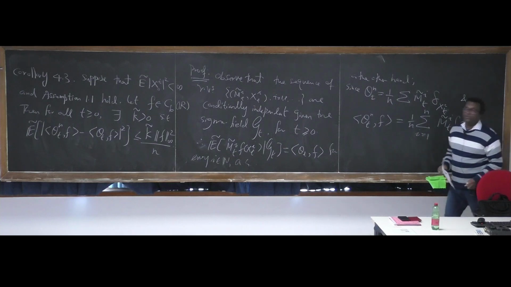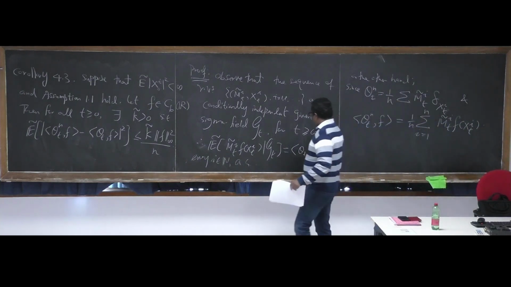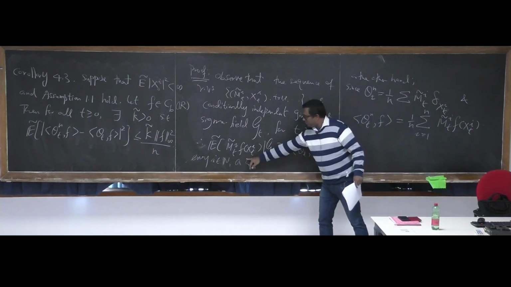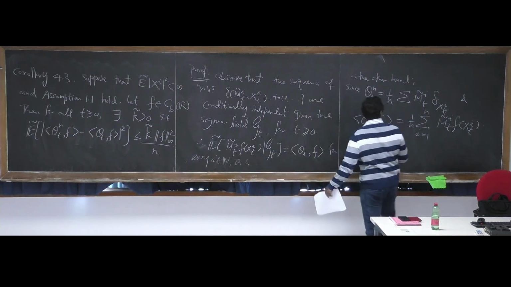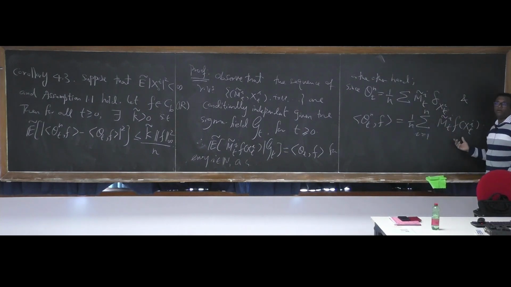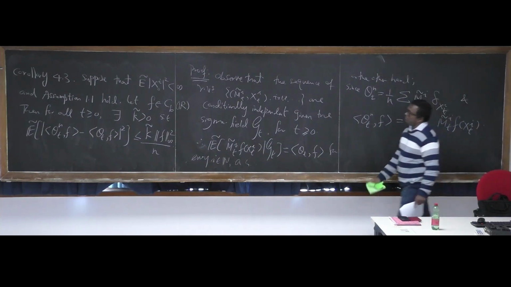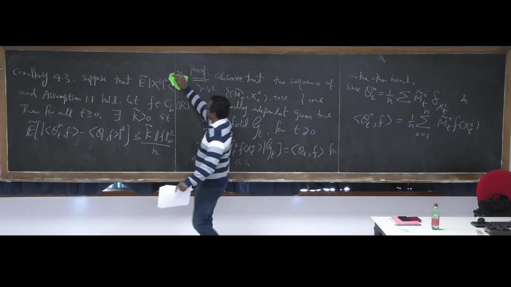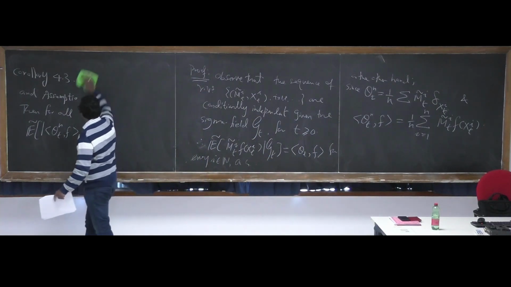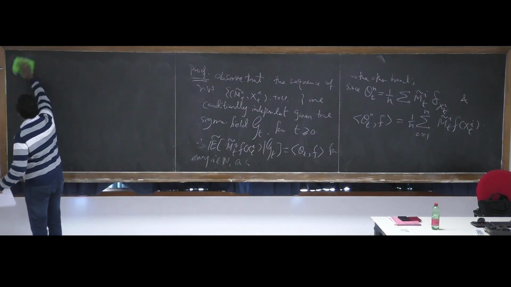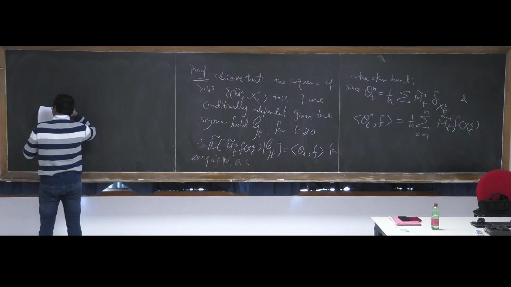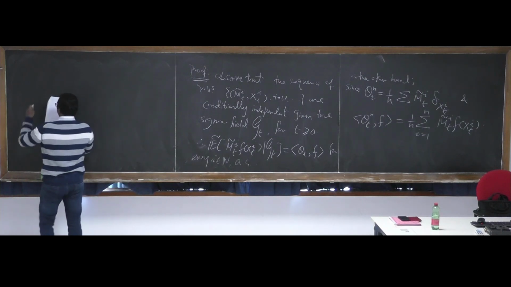Right. So we have this. This duality pairing is this conditional expectation, and this duality pairing is this guy. Now, you can consider the absolute value of the difference and take the expectation.